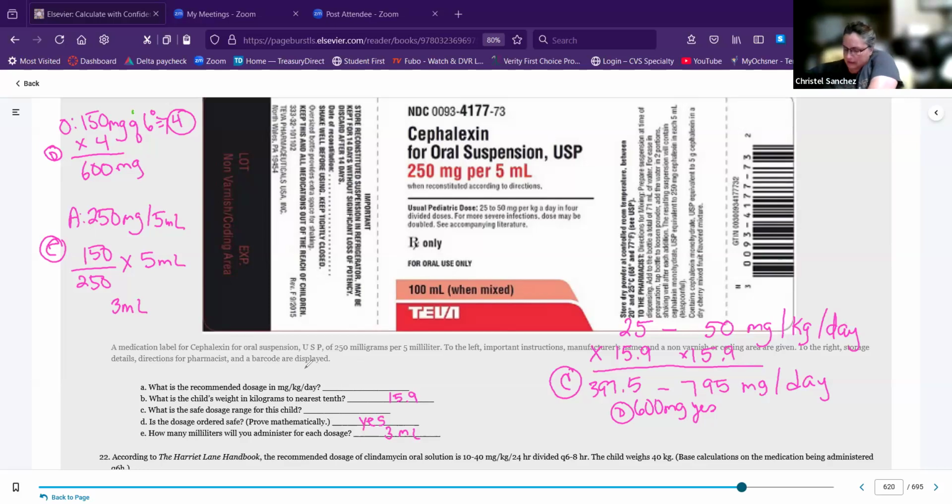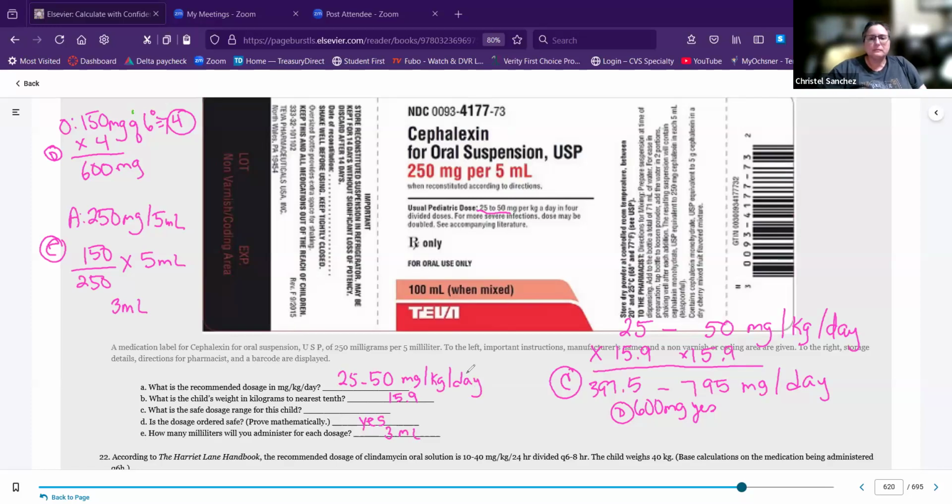Let me make sure on the answers. Answers on page 646. Yep, y'all are right. It's asking about the 25 to 50 milligrams per kilogram per day.